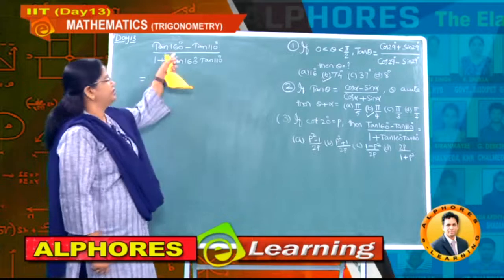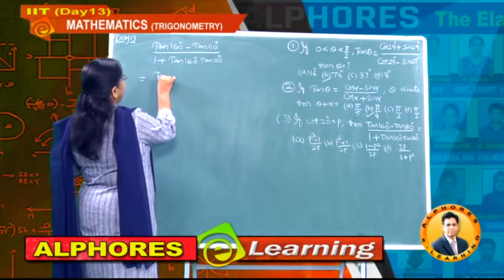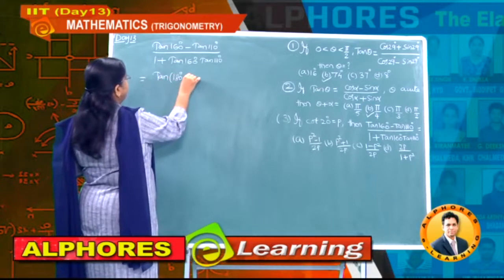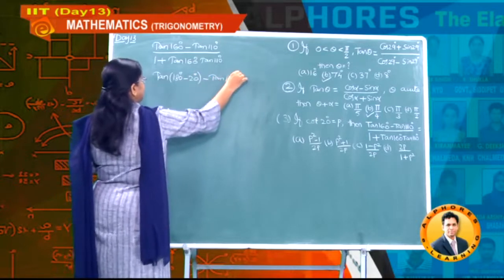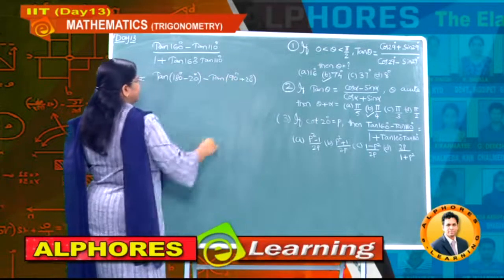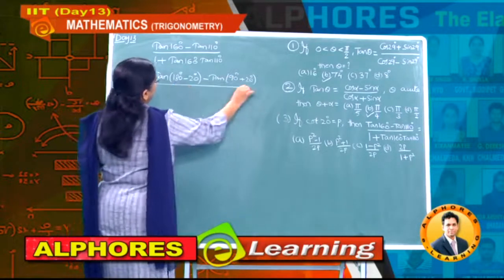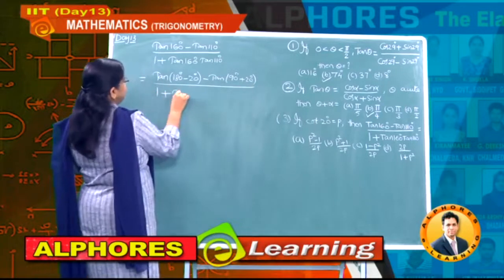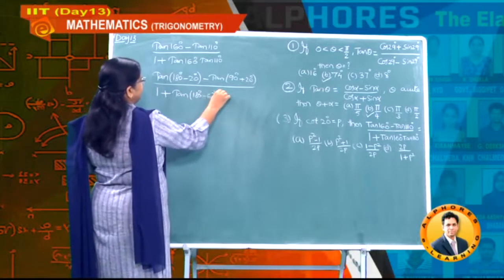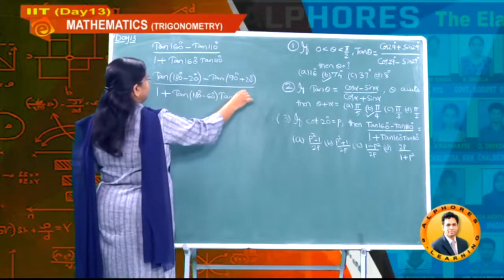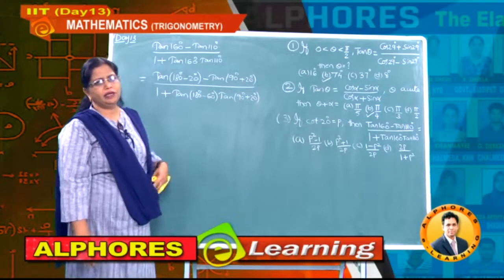So we want to reduce the total problem in terms of 20 degrees, that is tan of (180 minus 20) degrees minus tan of (90 plus 20) degrees. Why am I using 180s and 90s? Because those are allied angles, and thereby you can write answers very easily. Then 1 plus tan of (180 minus 20) and tan of (90 plus 20). Now we are going to apply the allied angle concept.